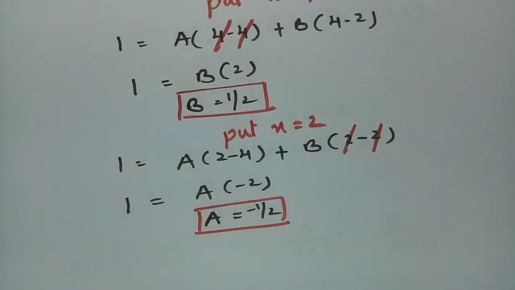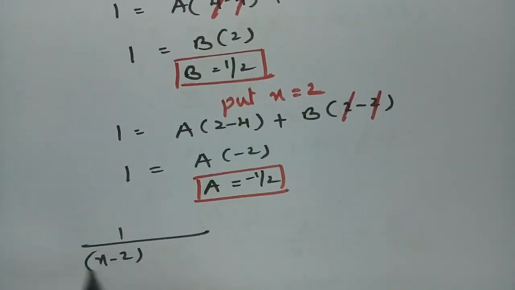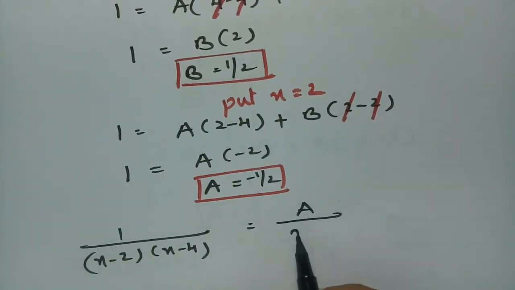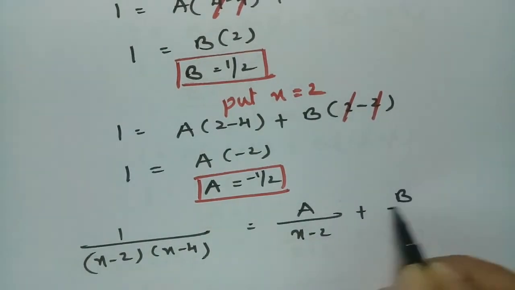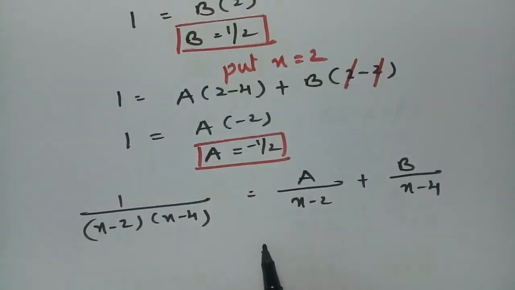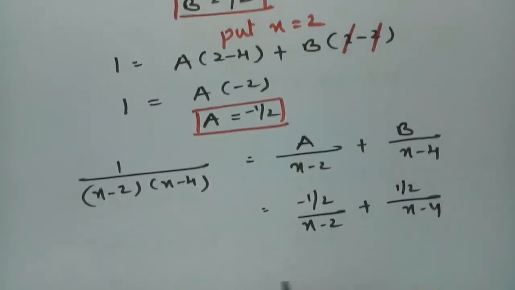And after getting the a and b values, see here, 1 by x minus 2 into x minus 4 is resolved into a by x minus 2 plus b by x minus 4. Now if I substitute the same values here, a is minus half by x minus 2 and b is plus half by x minus 4.